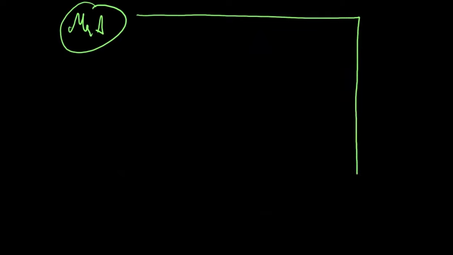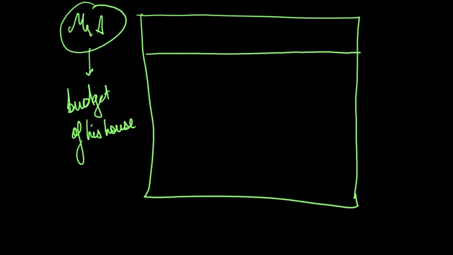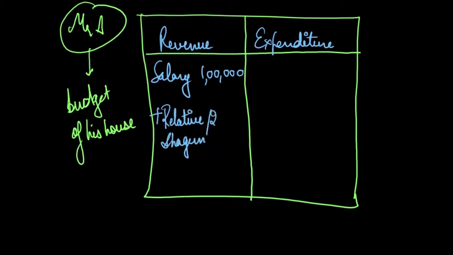Now, Mr. A will make a budget for his house. He will get a salary of rupees 1 lakh monthly. He will get shagun from relatives, around 20,000. Another thing, he will get interest on deposits, around 50,000.